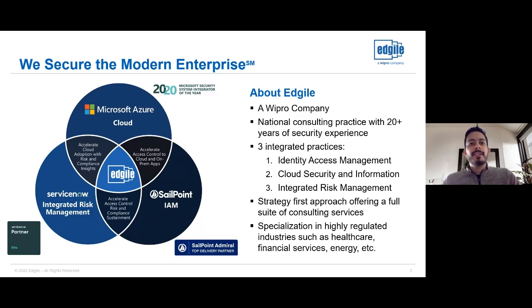And then lastly, our integrated risk management practice line focuses on governance, risk, and compliance solutions. We are an elite ServiceNow partner in this space, and we help our clients build the modern risk management programs. Overall, Agile's strategy first approach, offering a full suite of consulting services, and we specialize in highly regulated industries such as healthcare, finance, retail, energy.